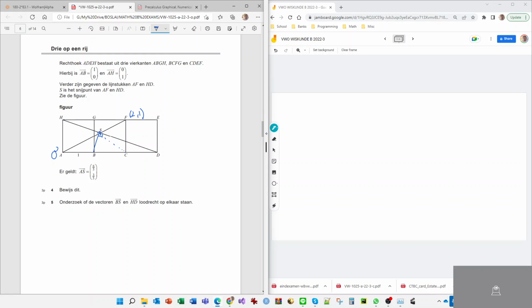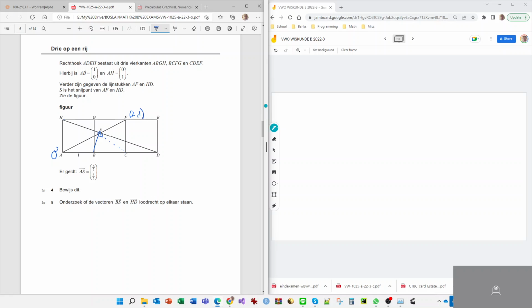But actually let's just do a more easy and straightforward way. Just calculate the vector pointing from H to D, and the vector from B to S, and then you take the inner product and check whether or not they're perpendicular.